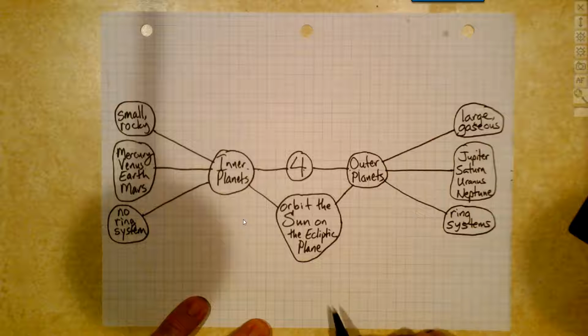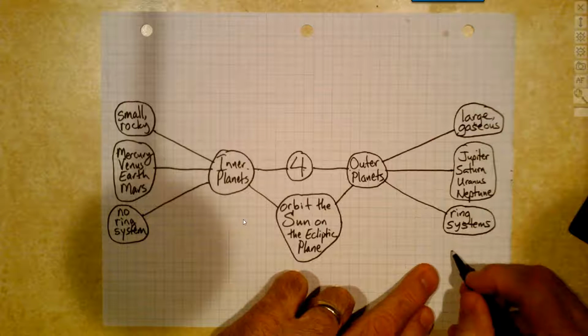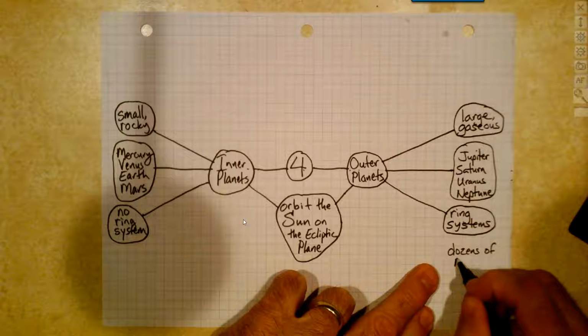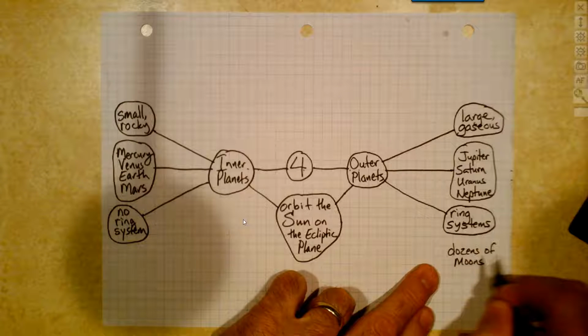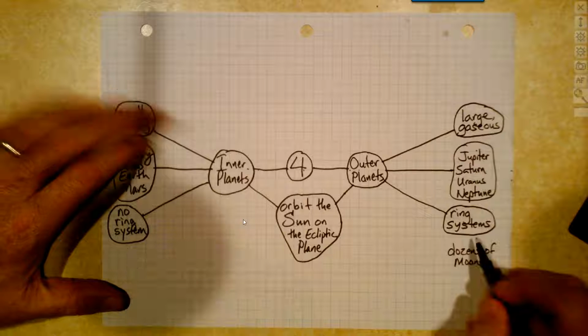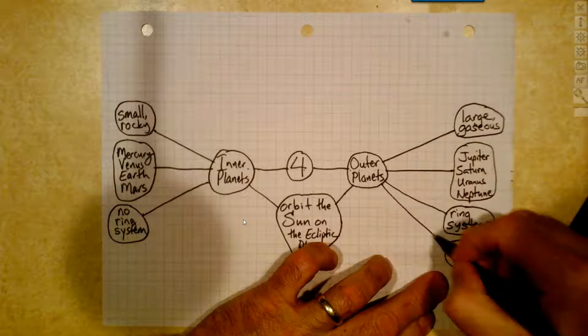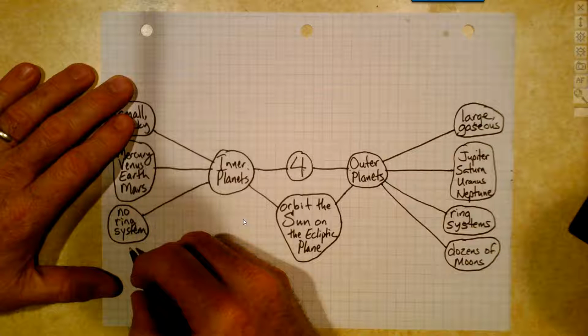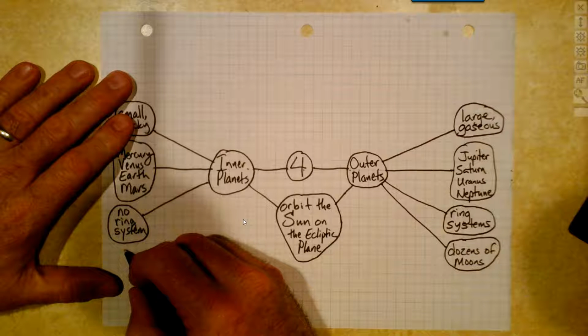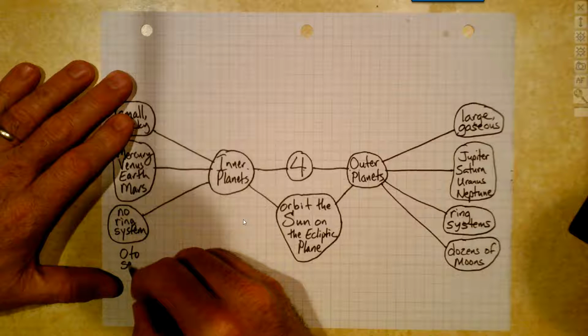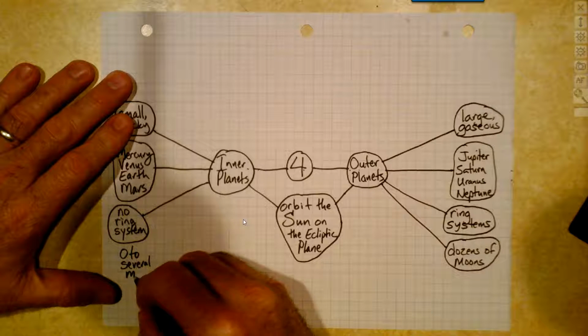Let's see what else. You could write dozens of moons. And then over here, let's shape that too. And then we write 0 to several moons.